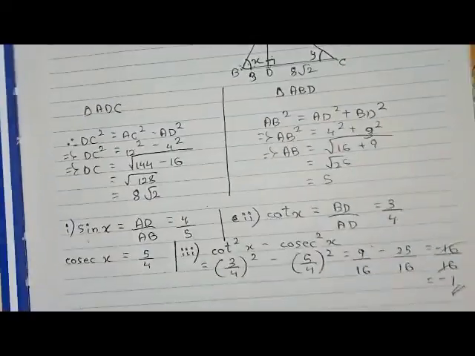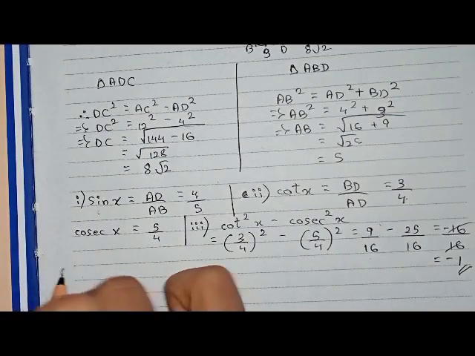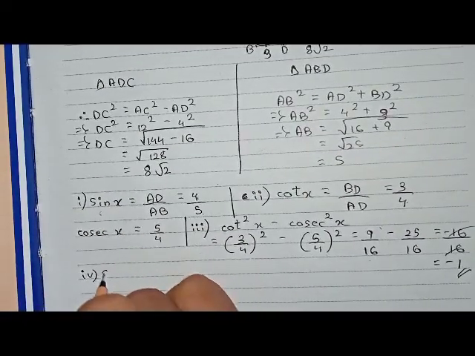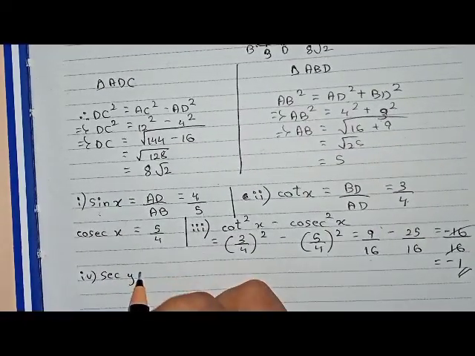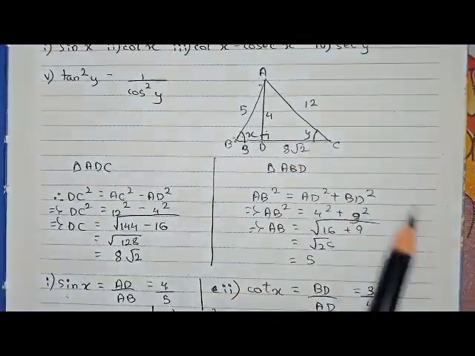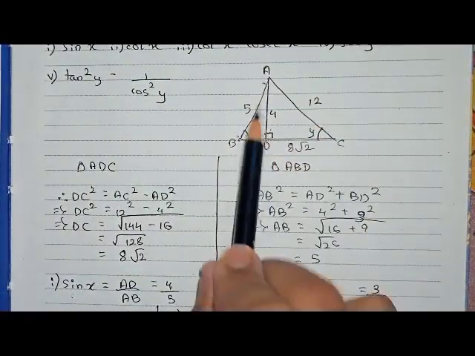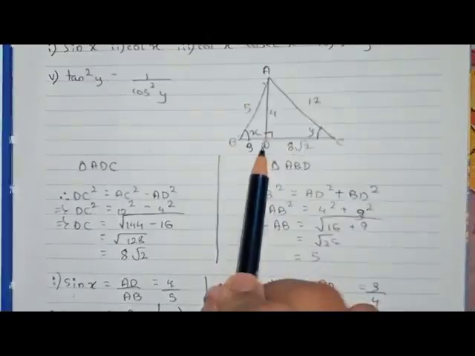So now question number 4. It says sec y. So here is our y. Sec y means hypotenuse by base. So y's opposite side is AD, so AD is the height.